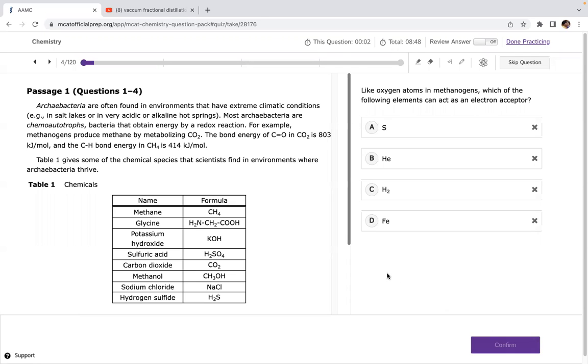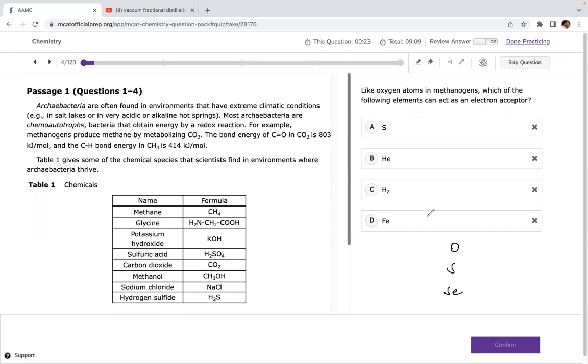Okay, next question. The oxygen atom is given. Which of the following elements can act as an electron acceptor? So look at the oxygen and look at the elements. If you look at the periodic table, below oxygen we have sulfur and then selenium.